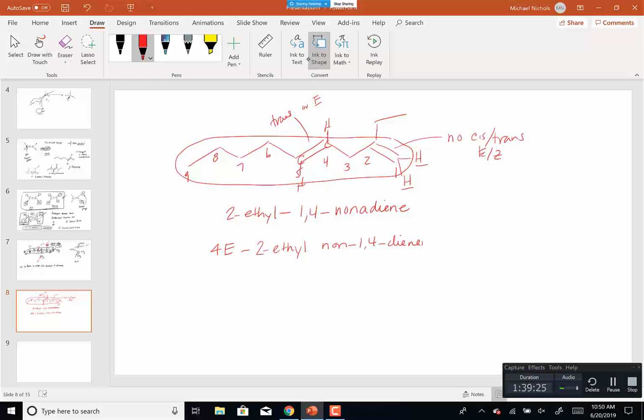That tells me that the double bond starting at carbon 4 has the E stereochemistry. You could also say 4 trans. Now, if number 1 had a cis, trans, or EZ stereochemistry, then we would have a 1 E or Z, 4 E stereochemistry.